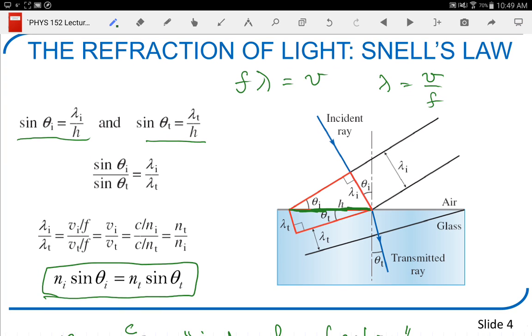When you look at this equation, notice that it's symmetric. That is, the left side and the right side look exactly the same except for the indices have changed. That means that light goes the same if it's going from air into water or water into air, it'll be the same path.